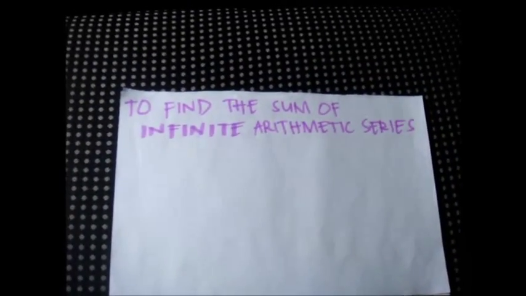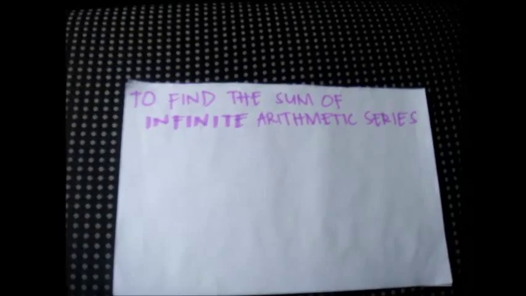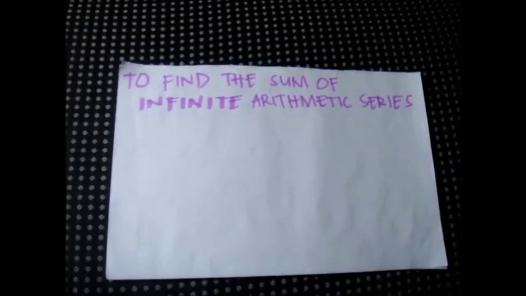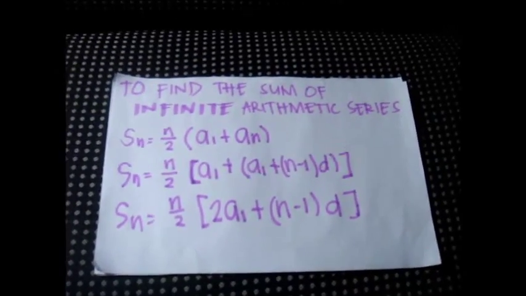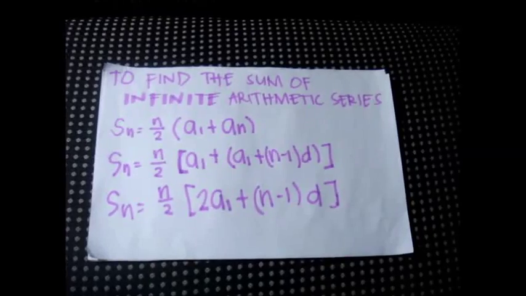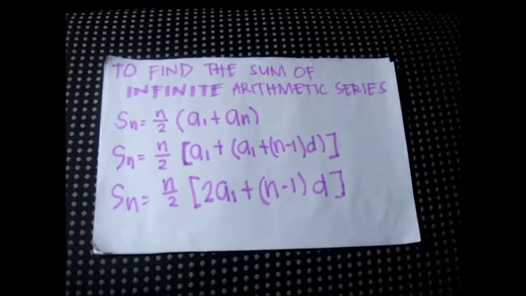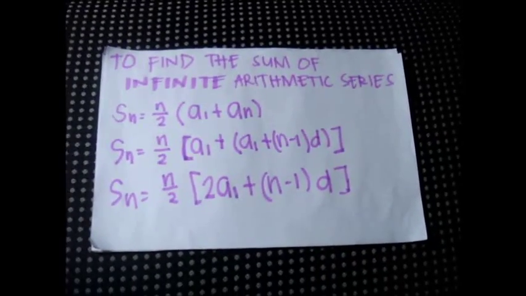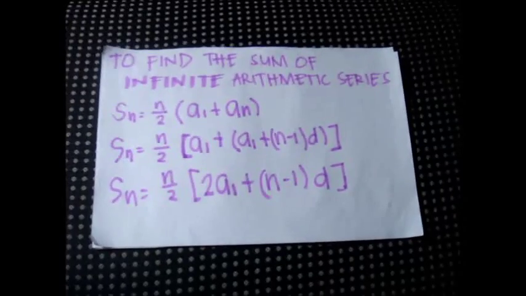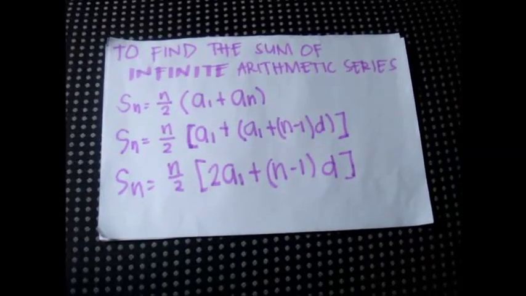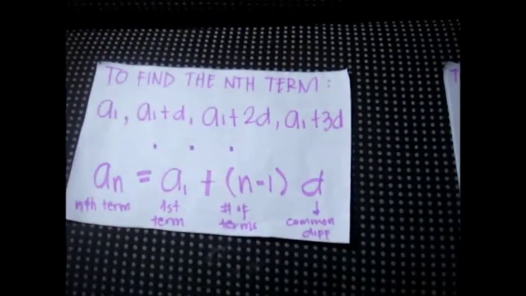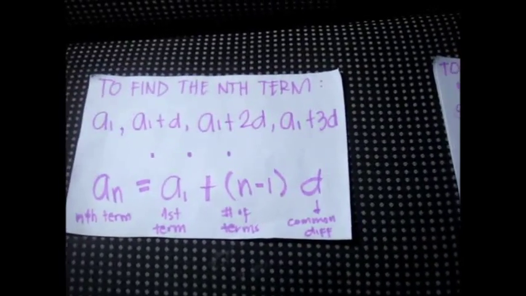But how to find the sum of an arithmetic series which is infinite? It goes like this. A while ago, we said that to find the sum of a finite arithmetic series, we need to use the formula S sub n is equal to n over 2 multiplied to a sub 1 plus a sub n. And we also said that a sub n is also equal to a sub 1 plus n minus 1 multiplied to d.